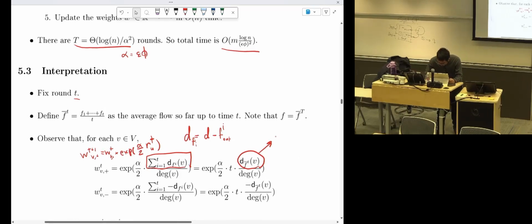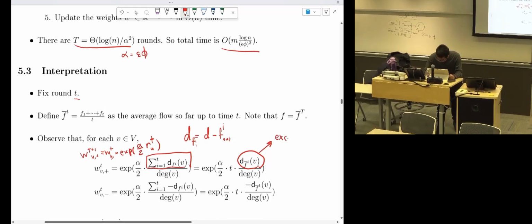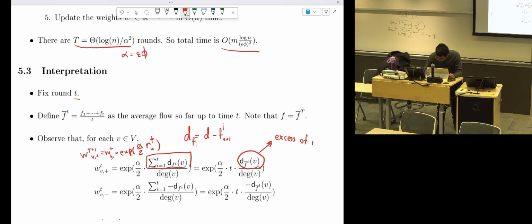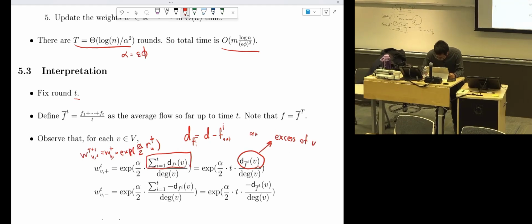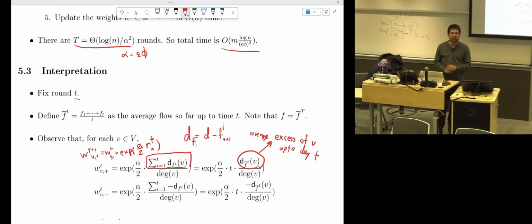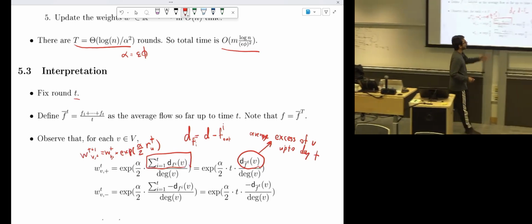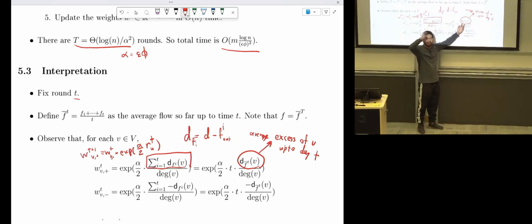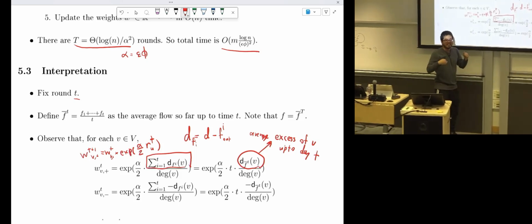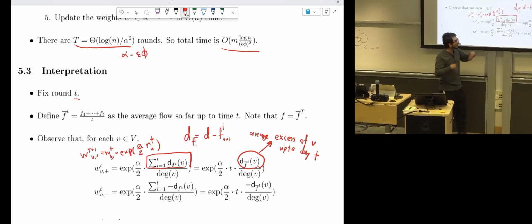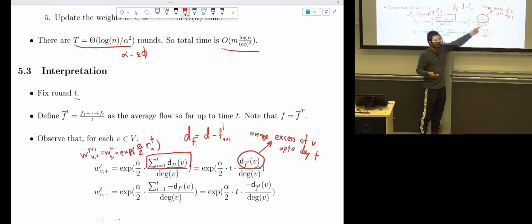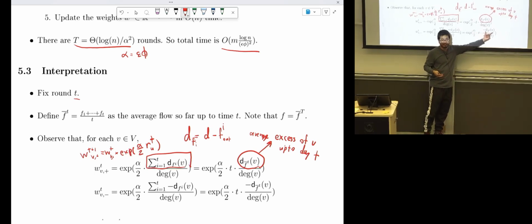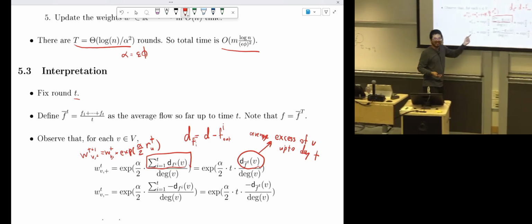This is just the excess of v, average, up to day t. So if the excess is big so far, then the weight is big. If it's small, then this is small. But if actually it's really negative, then this is going to be big.